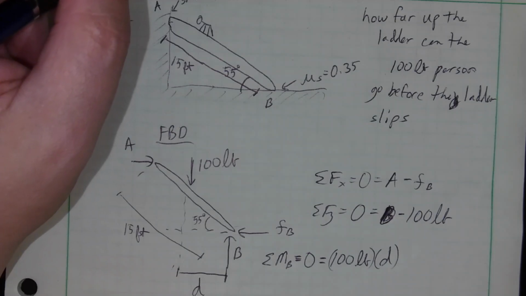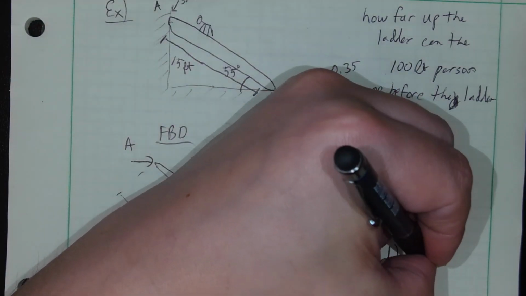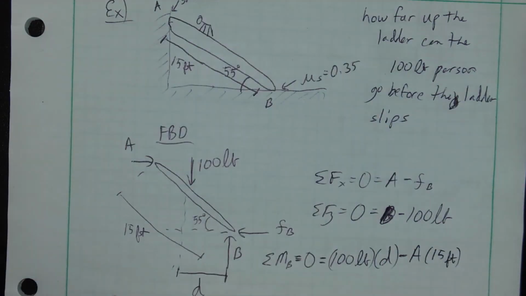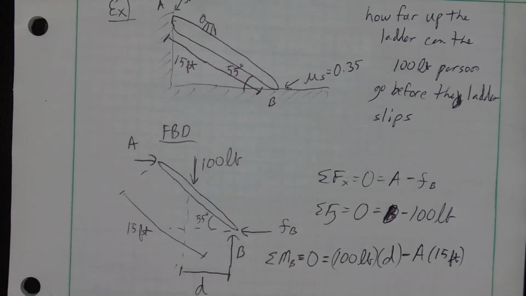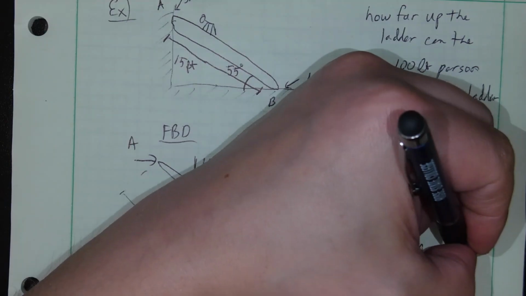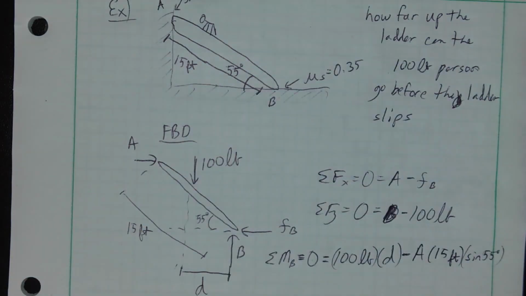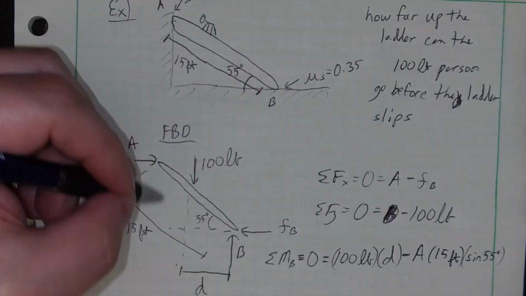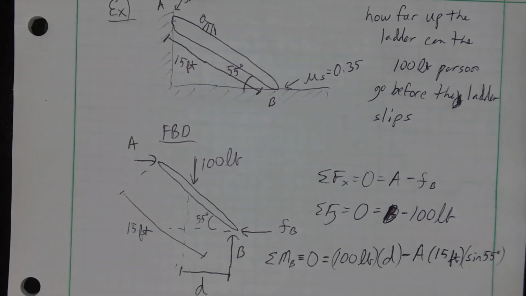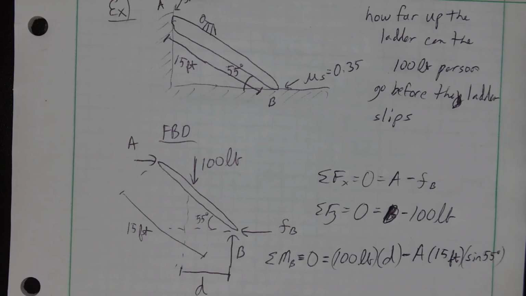And then I've got A causing a clockwise motion, so minus A. It's at 15 feet, and I will need the vertical dimension. So it's going to be the sine of 55 degrees, because what I need to know is this vertical distance here, which is opposite of 55 degrees, sine 55. Okay, so let's take a step back and say, okay, what do we got? Well, I've got A, F, B, and d. I've got four unknowns.